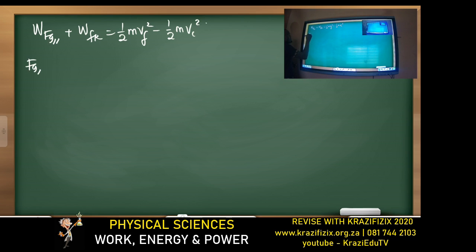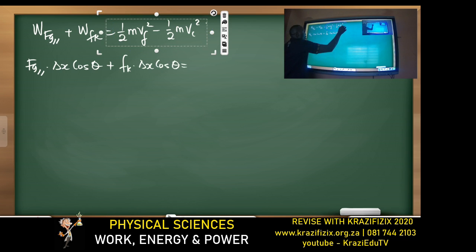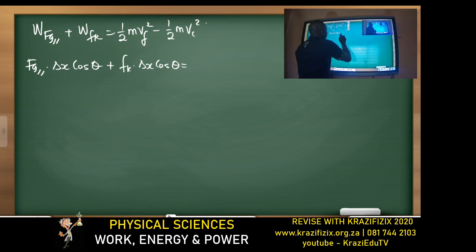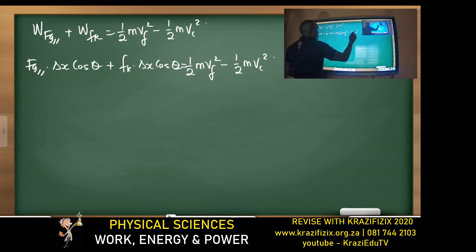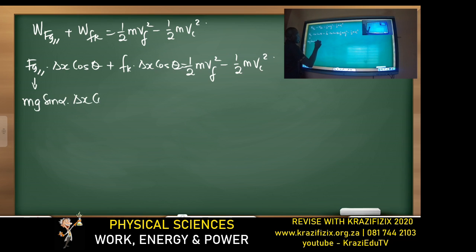This is FG parallel, my original formula for work, plus frictional force delta x cos theta, and that should equal this whole concept. Now, this here is mg sine alpha delta x cos theta. I do not know my friction, so I'm going to have it like that.